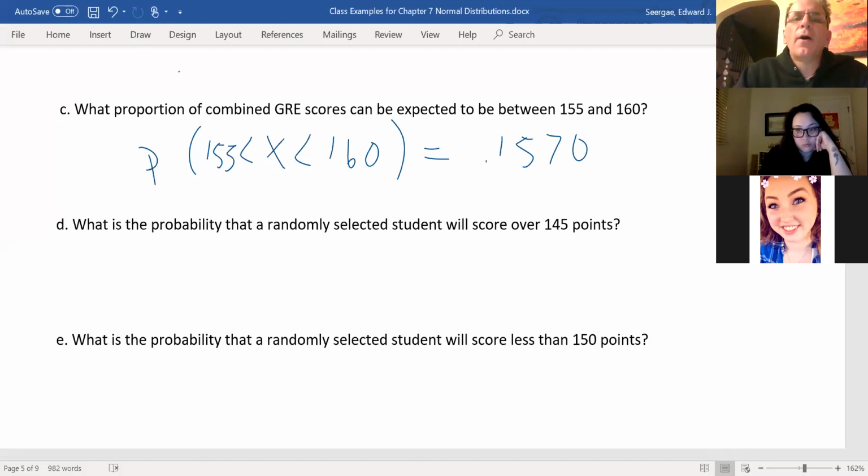All right. Now, how do we do that with Z-scores? Well, we could do that with Z-scores as well. We already know what the Z-score is for 160, and that was 1.14. We can also find the Z-score for 155, which is 0.57.